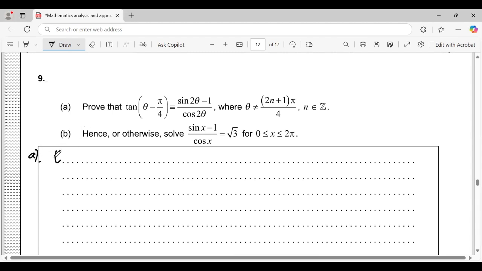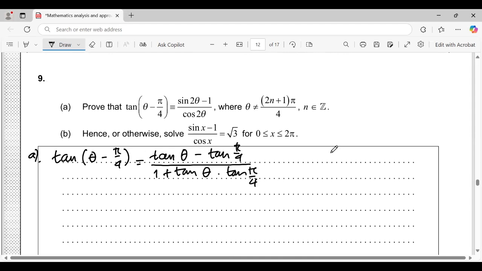Part A. Tangent theta minus pi quarter. According to the trigonometric identity, it is equal to tangent theta minus tangent pi quarter over 1 plus tangent theta multiplied by tangent pi quarter.